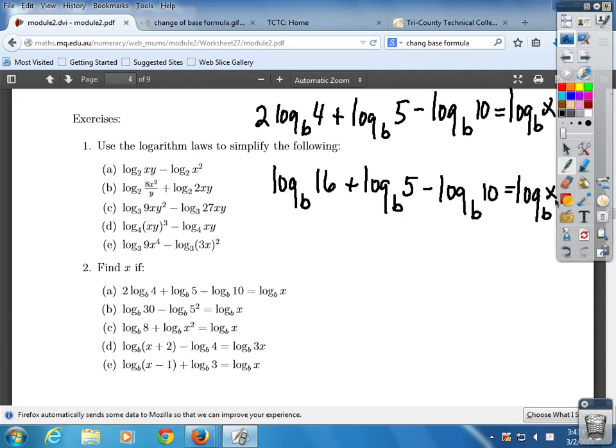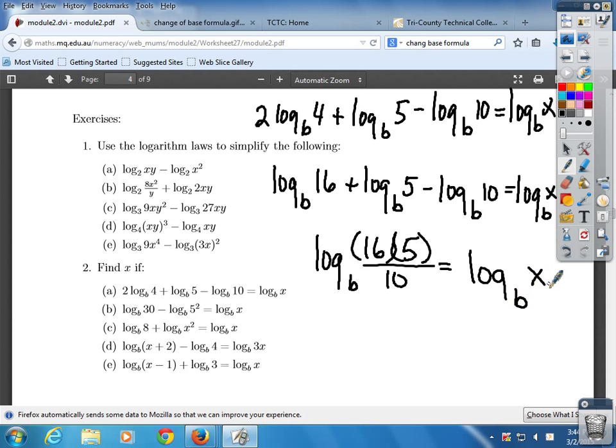So this is log of 16 times what? 5 divided by what? So log base b of 16 times 5 divided by 10 is equal to log base b of x. Log base b of 8 equals log base b of x. So x is equal to what?